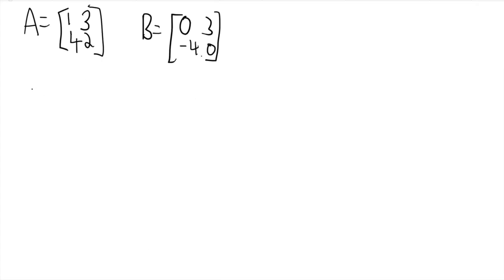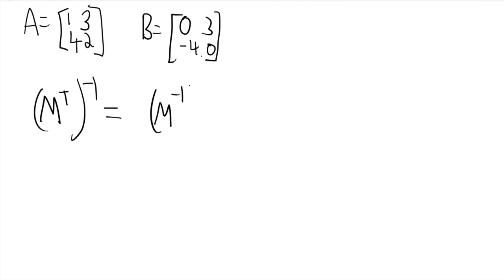And the last identity that I want to show is that if we have a matrix M and we take the transpose of it and then we take the inverse of all of that, it will be equal to if we took the inverse of M first and then took the transpose of it.